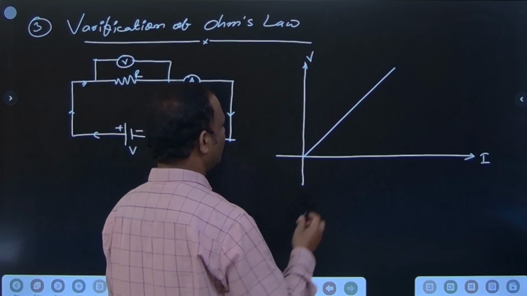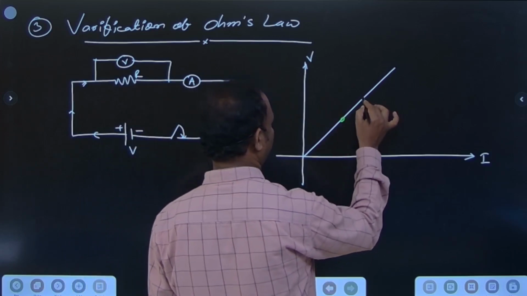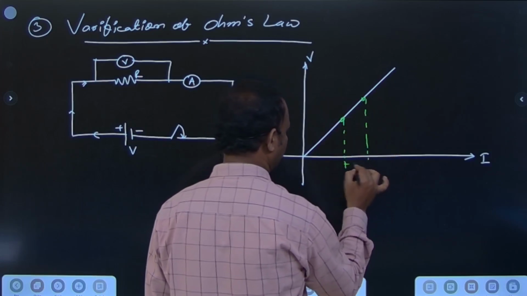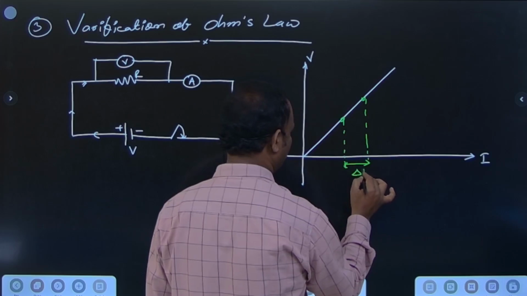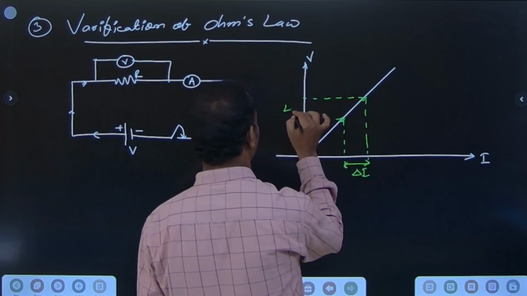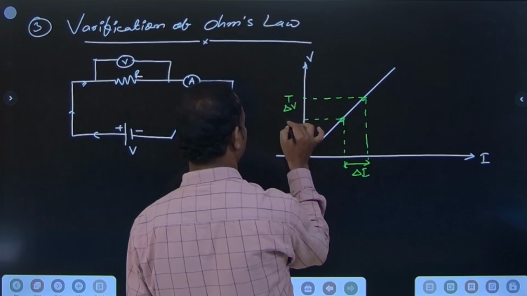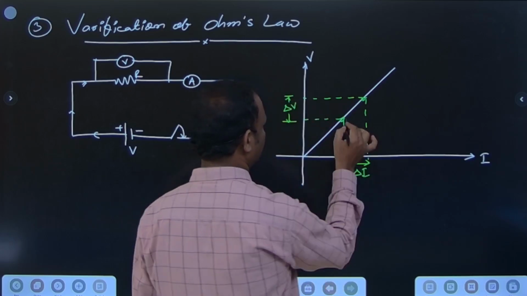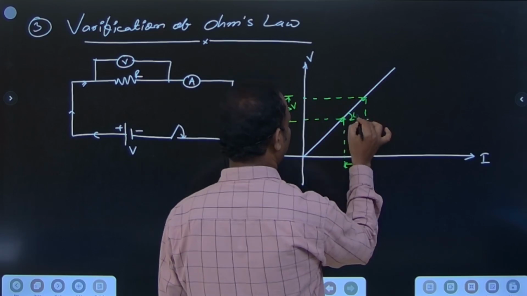If we choose any two points on this, the current change is delta I and the potential difference change is delta V. This makes an angle theta.